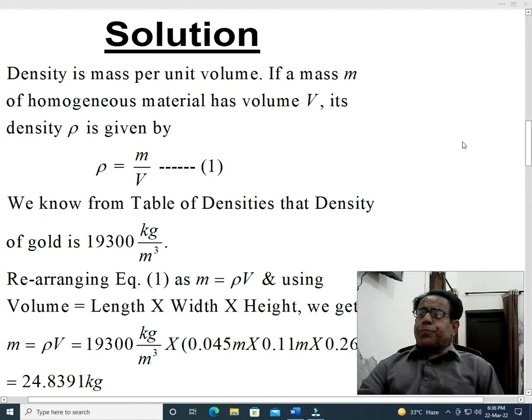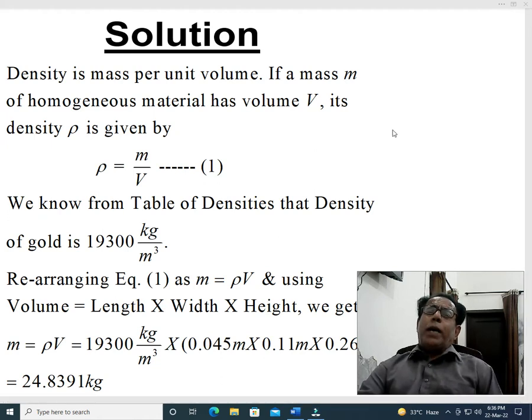Dear students, we start the solution of this problem quite in a similar manner as most of the other problems of this course, that is fluid mechanics. So first we are going to define density rho, first in wording, then in mathematical expression.